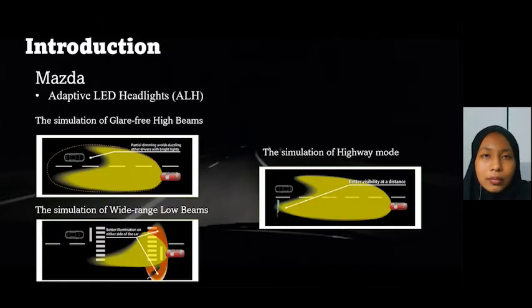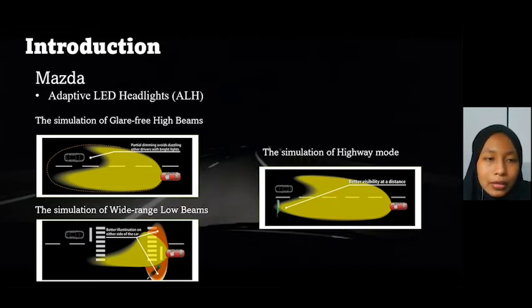To overcome this problem, some innovation in headlamp technology has been introduced, for example the car headlamp of Mazda. An adaptive LED headlight (ALH) system has been introduced to overcome this problem. The system will adjust the intensity of the headlight automatically.